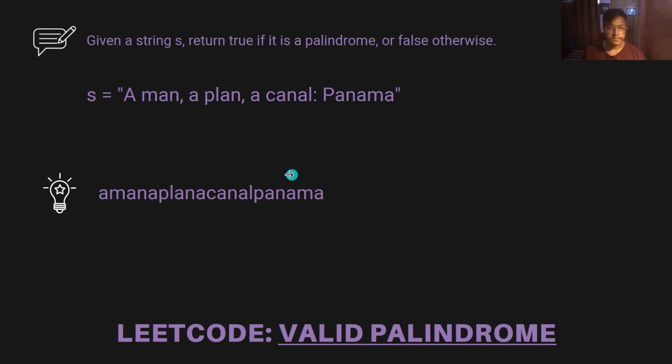After this conversion, there's a very easy way to check if any string is a palindrome or not. You'll just put pointers at each end, and technically during implementation you don't even have to put the pointers. You'll just start a for loop and compare the 0th and the n minus 1 minus ith element.